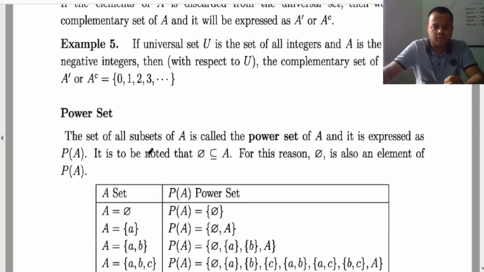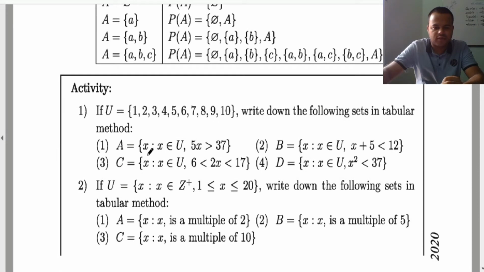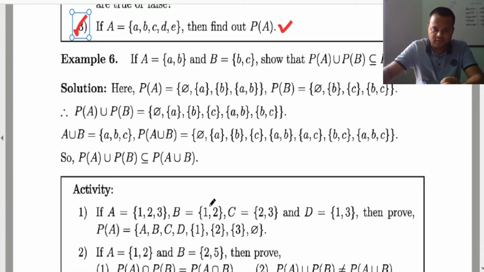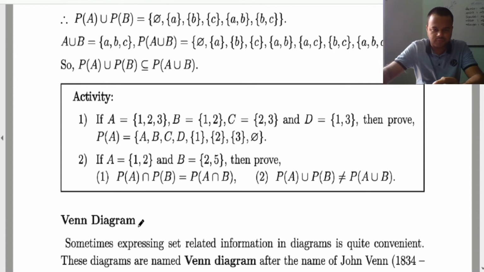And from this you have to complete activity 1, 2, and activity 3. If A equals {a, b, c, d, e}, then find the power set of A, that is P(A).